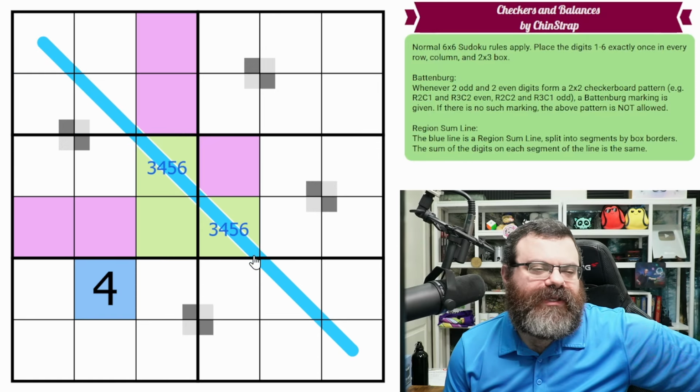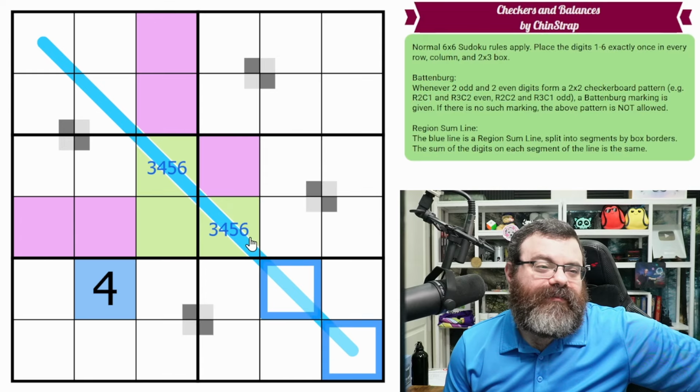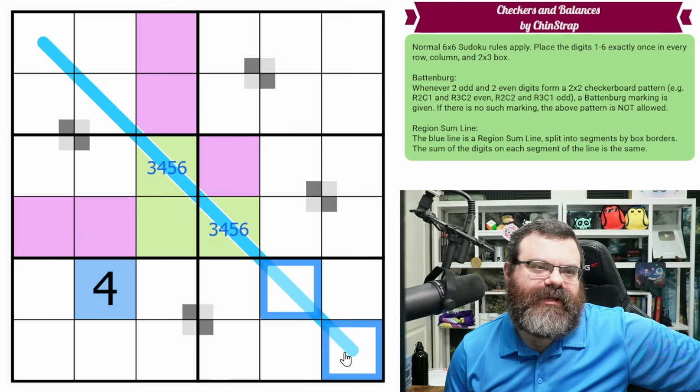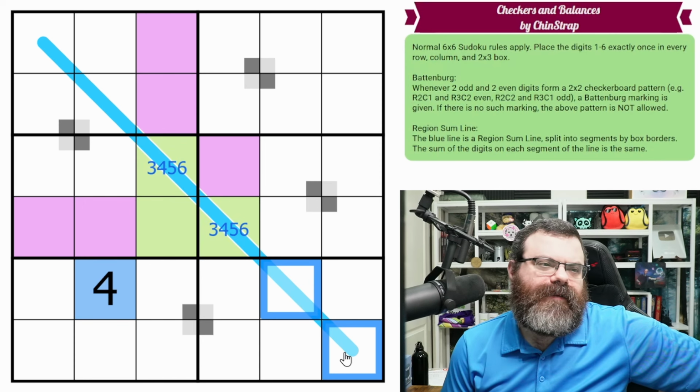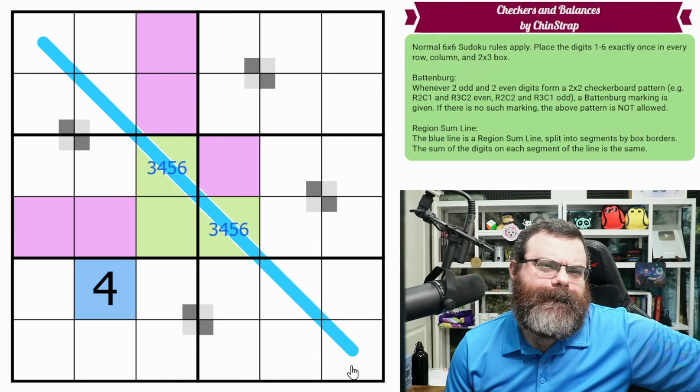I'm obviously missing something important here. I'm really curious if green is even, because if green is even, then these two have to be the same. They either have to be both even or both odd, which is in danger of making a Battenberg. Is there some other place I'm missing?